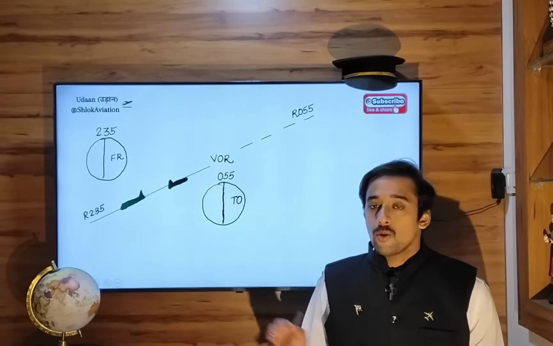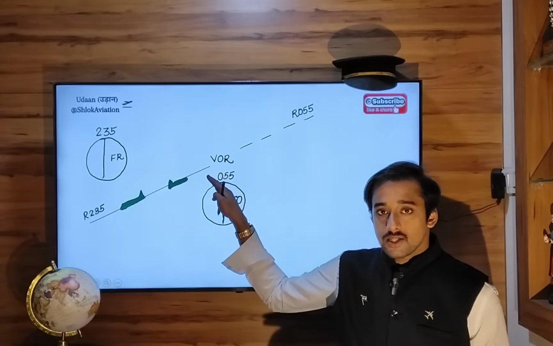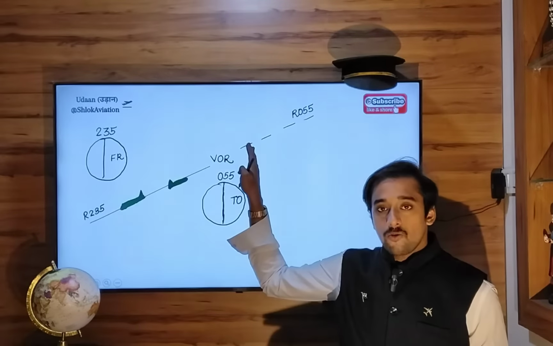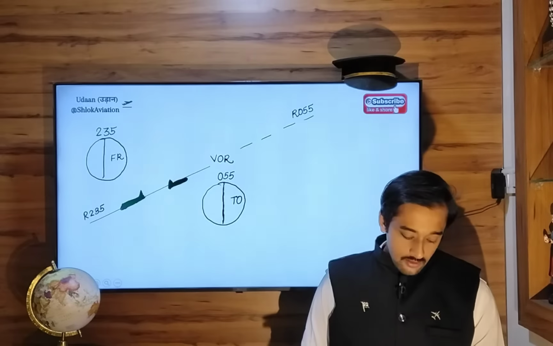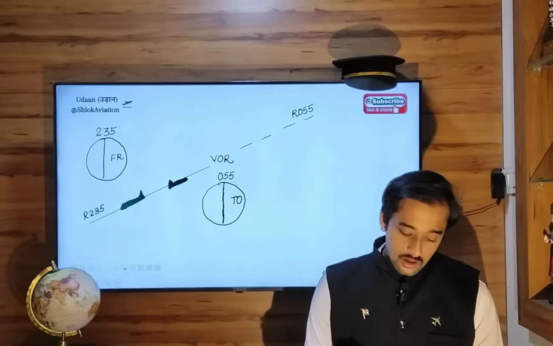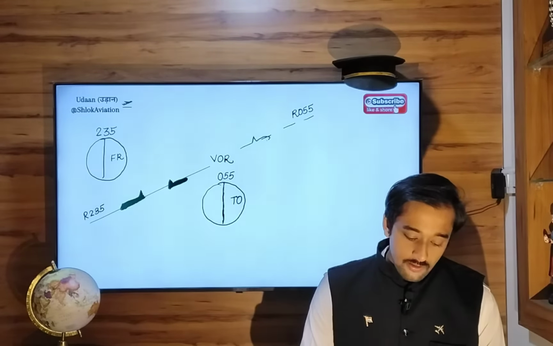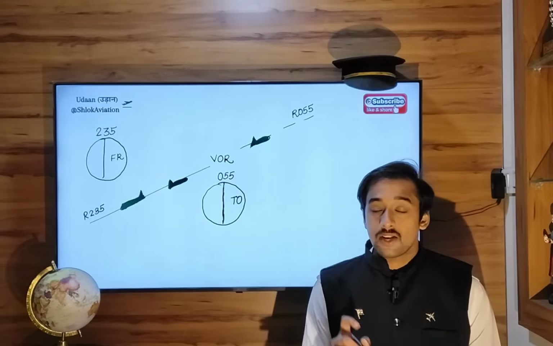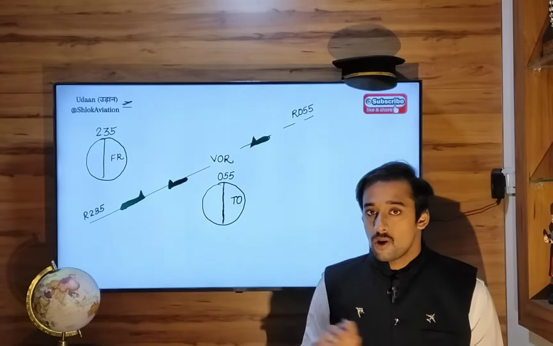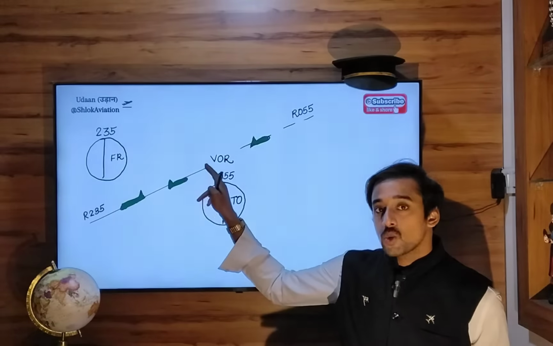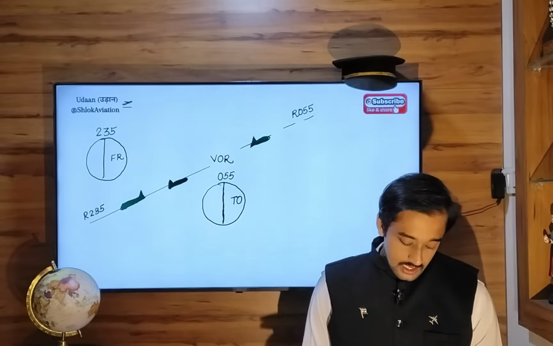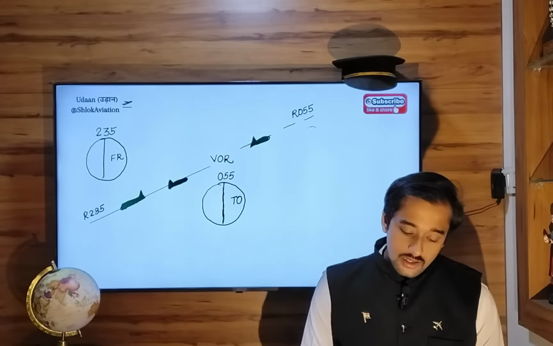After overflying VOR, this aeroplane will automatically transition from radial 235 on to radial 055. Okay, and when it comes on radial 055, it will fly in that direction. But now in this case, it will be flying away from the VOR station. Over here, it was flying towards. Now the same aeroplane is flying away from the VOR station on radial 055.